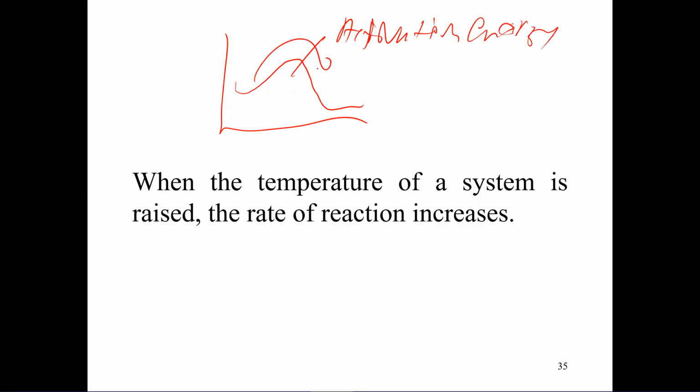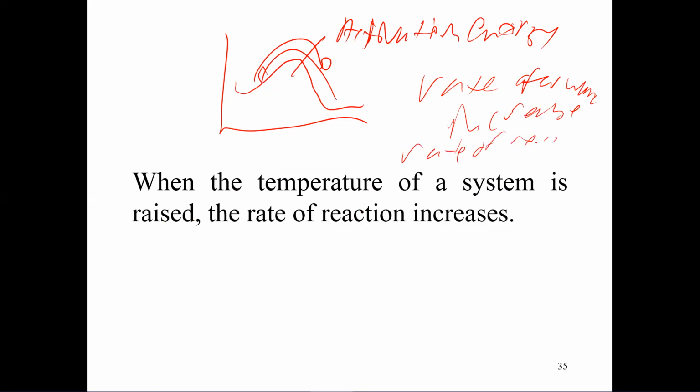So more will go in this direction, but more will also go back the other way if you have enough energy in the system. The rate of reaction going forward will increase, as well as the rate of reaction going backwards. So both of them increase.